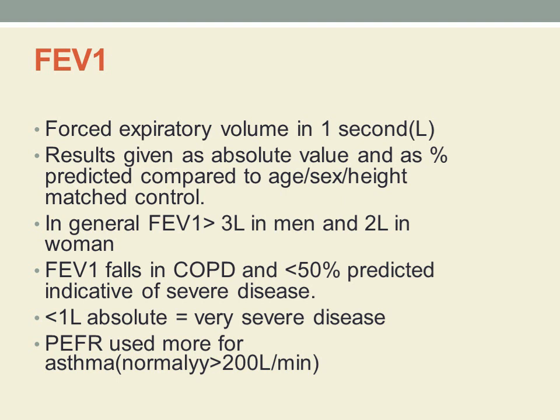FEV1 is expressed in liters, and results are given as an absolute value and as a percentage predicted, compared to an age, sex, and height matched control. So there are actual tables we can use.